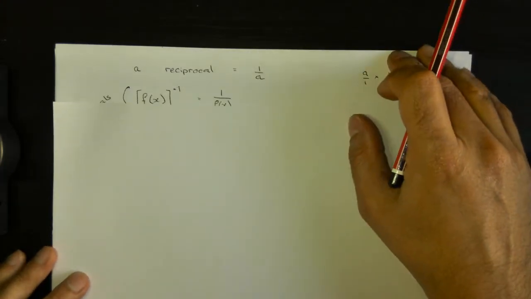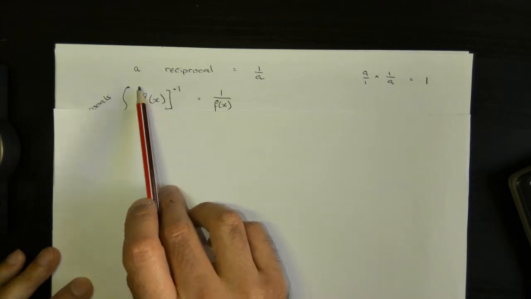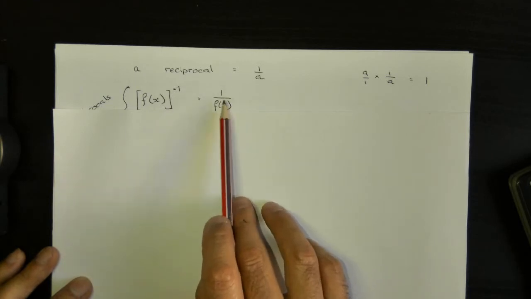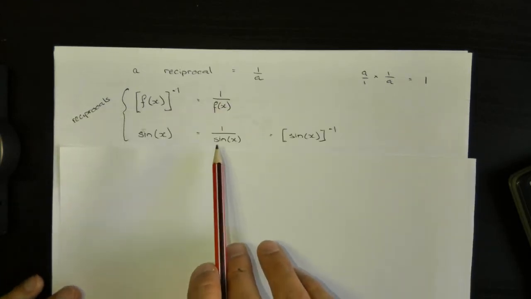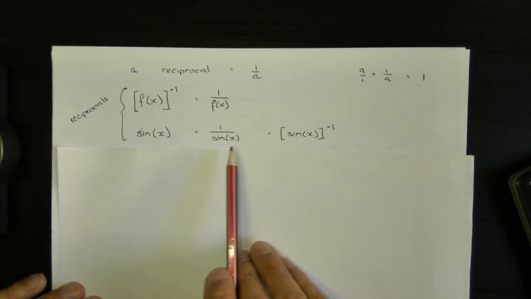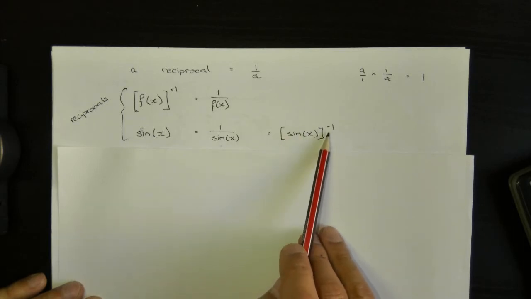The reciprocal of a function f of x is 1 over f of x. If I had sine of x, then 1 over sine of x is a reciprocal, and you'd write it as sine of x to the power of negative 1.